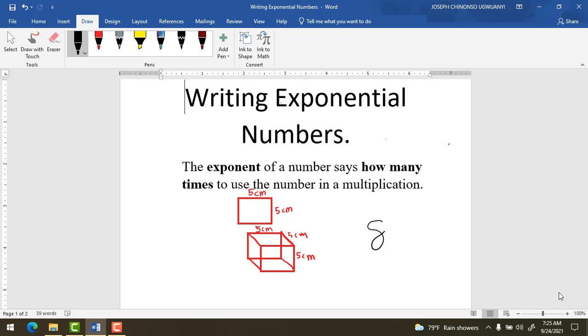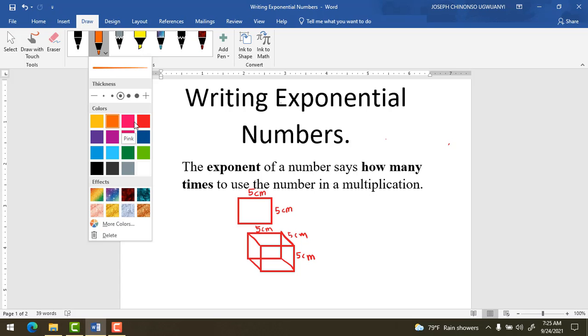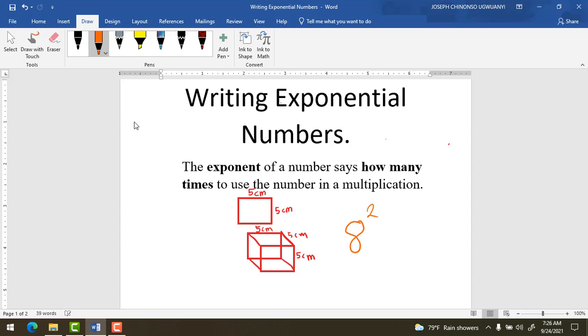to the power of 2. For example, 8 to the power of 2. So this 2 is called either the exponent, or we call it the power, or we can also call it the index.